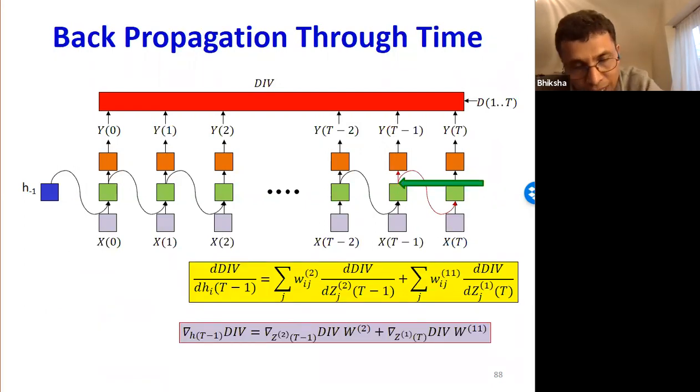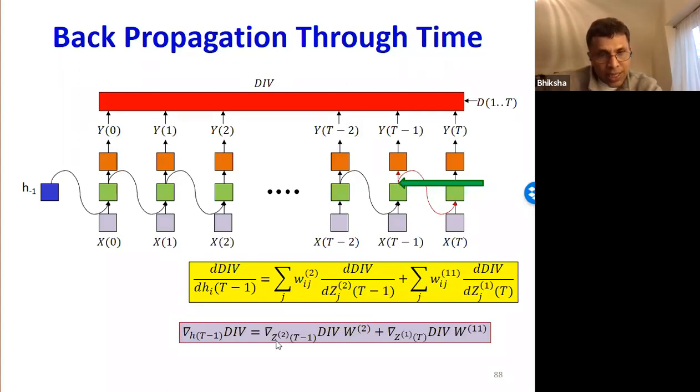Here's the first change between your standard MLP and the recurrent network. The output of this layer went to two places. It went up to this output layer. It also went forward into the same layer at the next time. So the derivative of the divergence with respect to the output of the hidden layer at time t minus 1 is the sum of two terms.